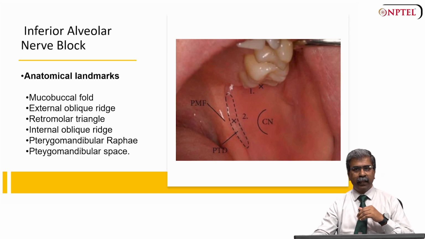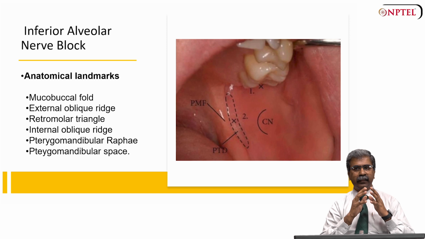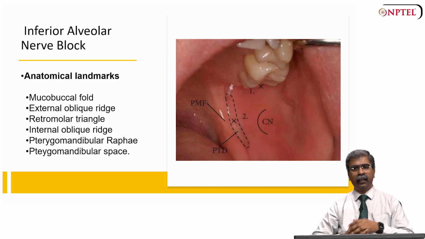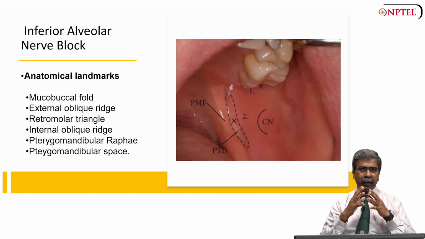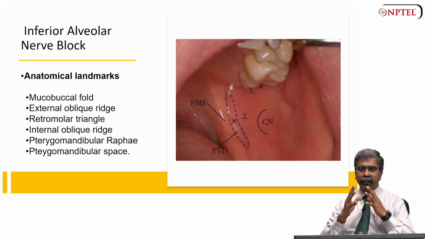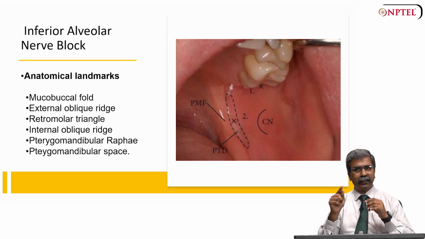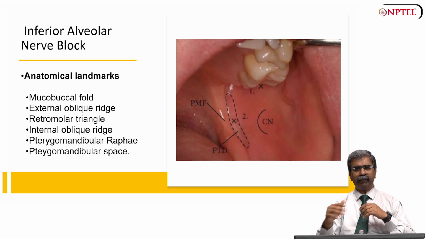Next comes the internal oblique ridge, which helps guide the placement of the needle as it lies medially to the target injection site. And the pterygomandibular raphe is palpated to guide the needle insertion for the inferior alveolar nerve block, and the needle is placed just lateral to the pterygomandibular raphe.